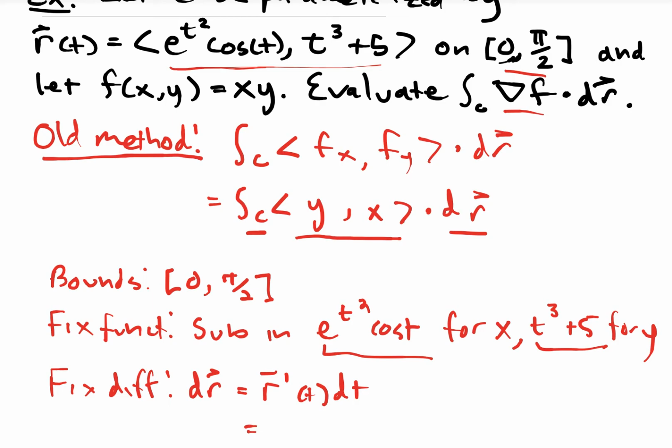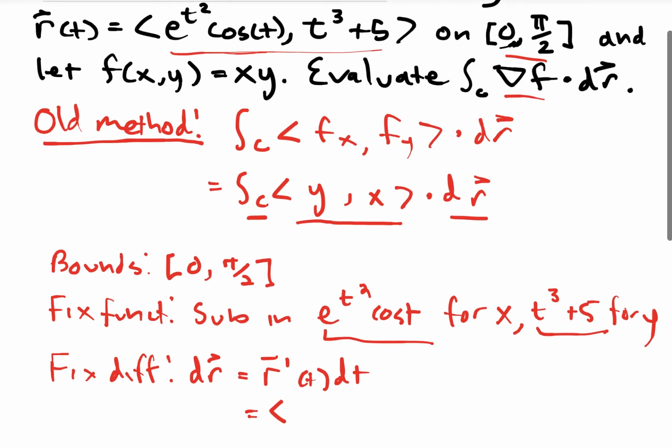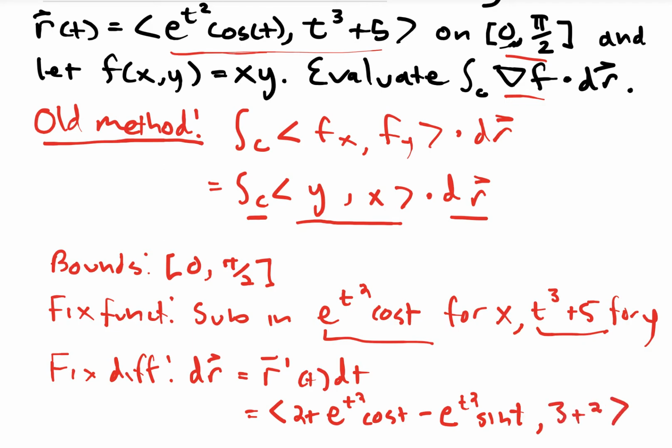And r prime here, in that first component, calls for product rule, so I'll get 2t e to the t squared cosine t minus e to the t squared sine t. And then the next piece I'll have 3t squared plus 0. And then all of that, I'll slap dt on the end.